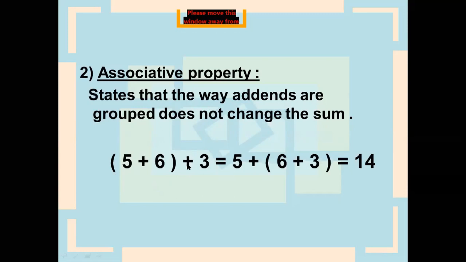And then when we add 11 plus 3, the result will be 14. If we change the grouping, with the same three numbers, 5 plus 6 plus 3, we add 6 plus 3 first. 6 plus 3 equals 9. And when we add 9 plus 5, the result also will be 14. This is called associative. We change the grouping.